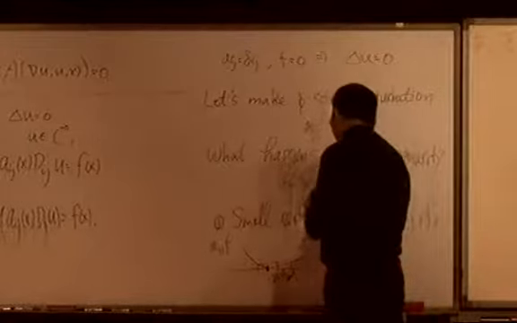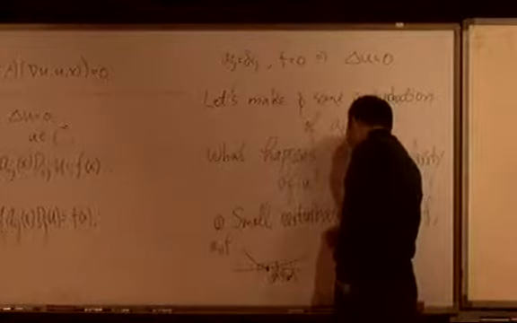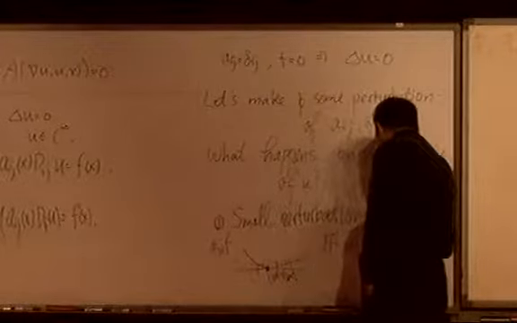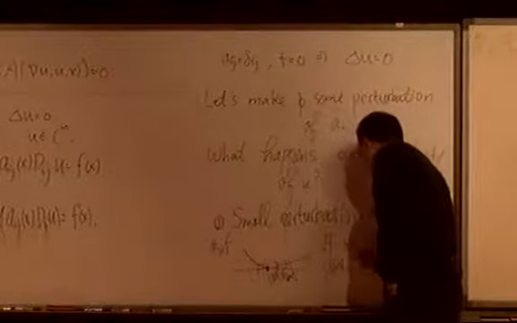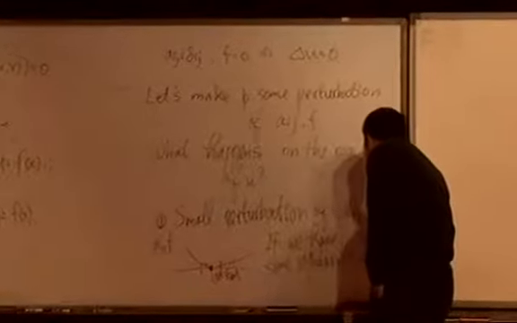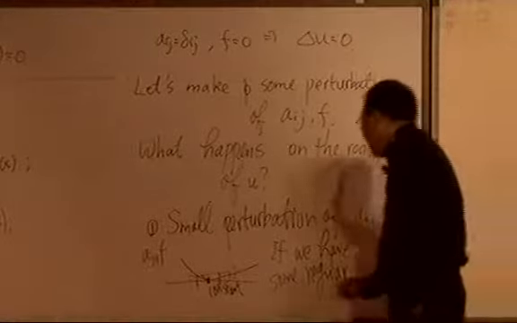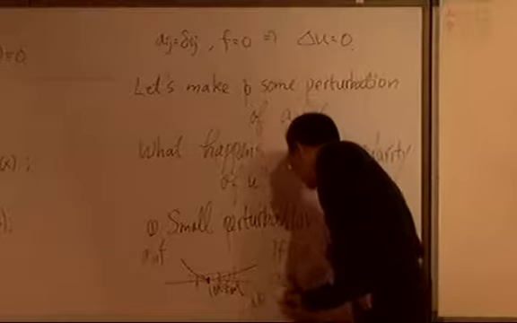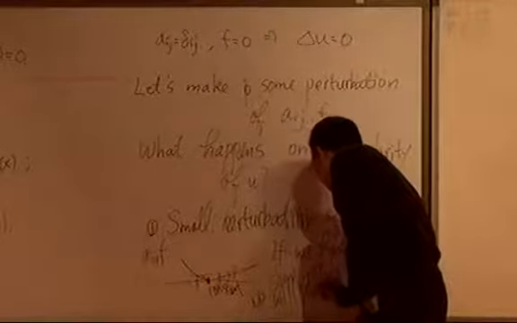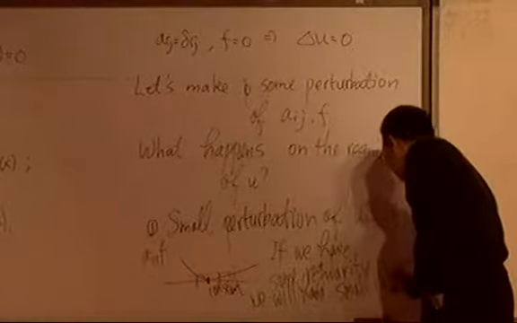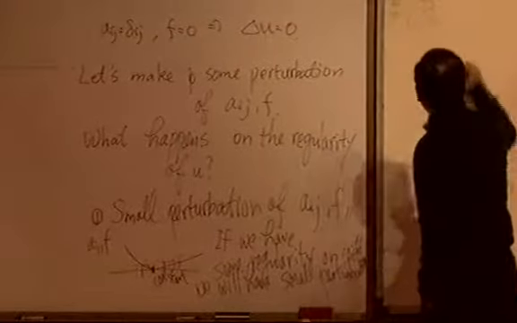So you make a small perturbation. So if we have some regularity on the coefficient, then we will have small perturbation in a given space.